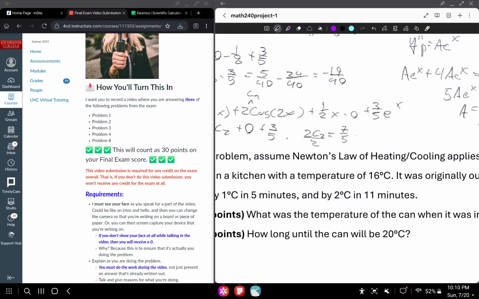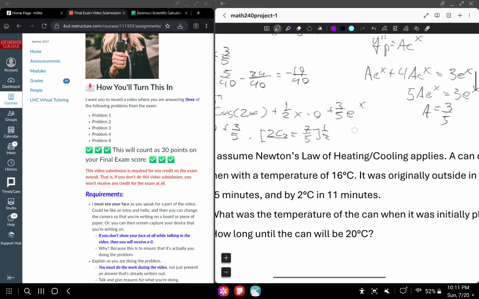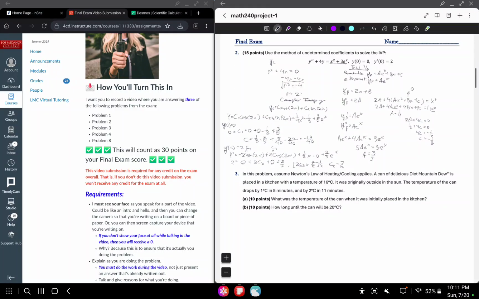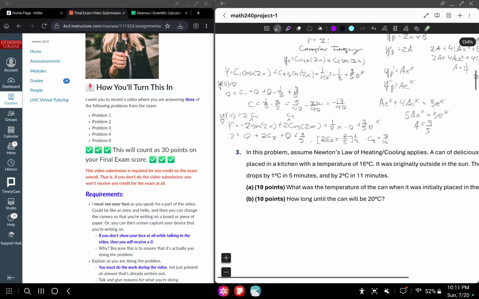Divide by 2, times by 1/2. C2 equals 7/10. Okay, so let's plug in this whole equation.